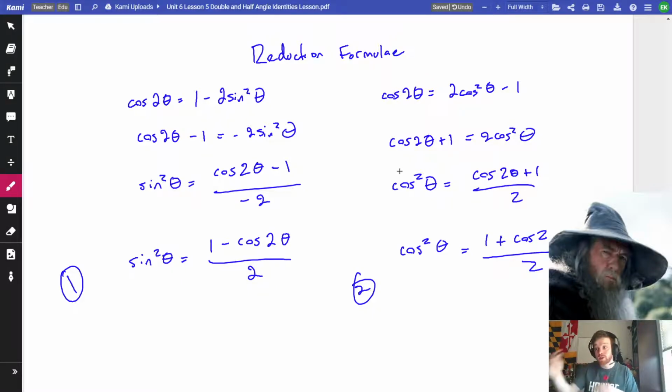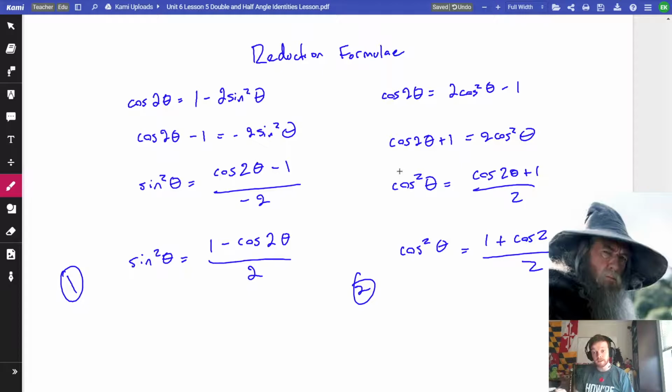Divided by 2, that brings us back to being between 0 and 1, which is the range of sine squared. Similarly over here, 1 plus something that's between negative 1 and 1, our numerator is always going to be 0 or positive. Divided by 2, still positive. So these are the reduction formulas.